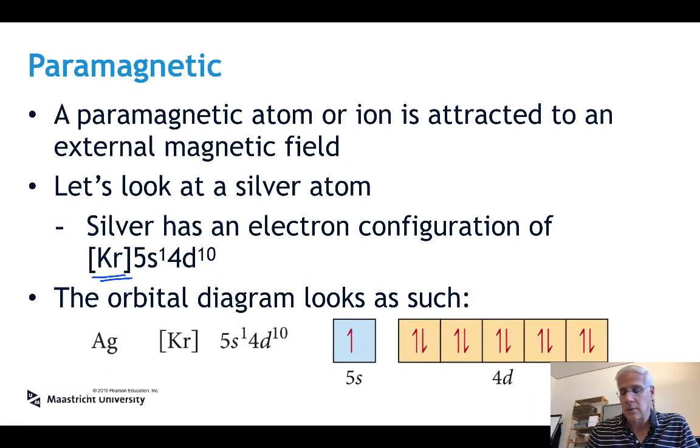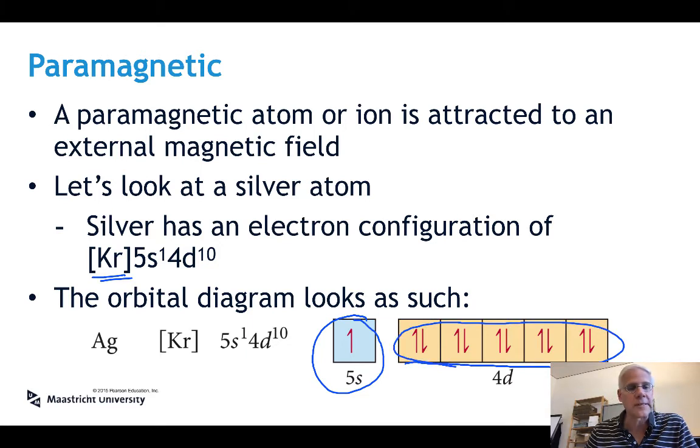We see in our orbital diagram that we've got just the one electron in the 5s, and we've got 10 electrons in the 4d, and we see that we've got an unpaired electron.